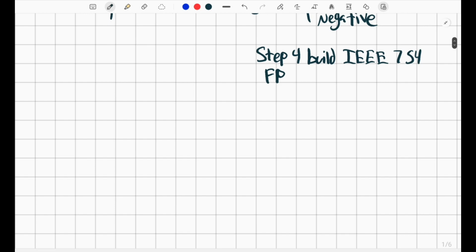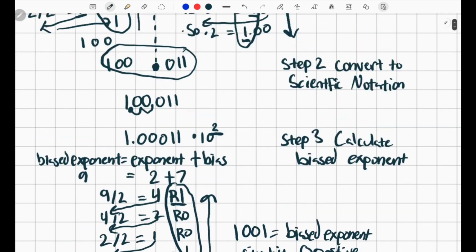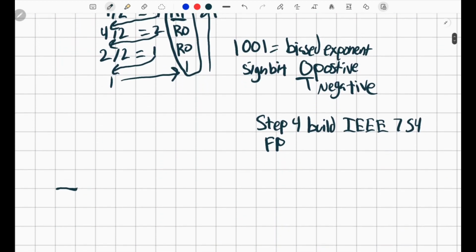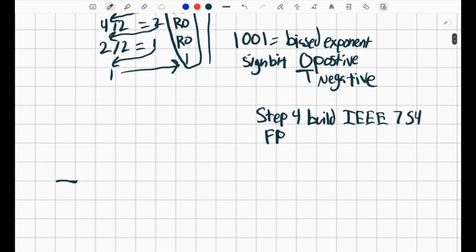So the IEEE 754 floating point is going to have 16 bits. So it's going to be 1. That's going to be the sign bit. The first bit's always going to be the sign bit. So let's actually fill it out because we know what the sign bit is. The sign bit's going to be 0 because the number's positive. And then we're going to have 4 bits for the biased exponent.